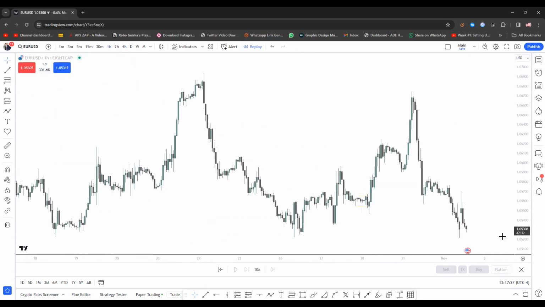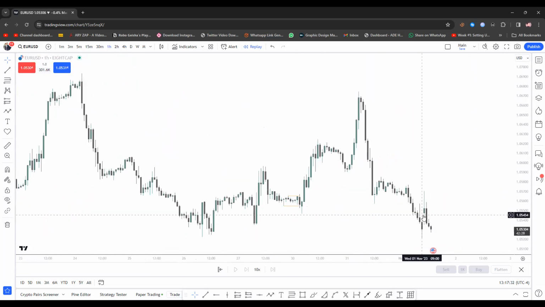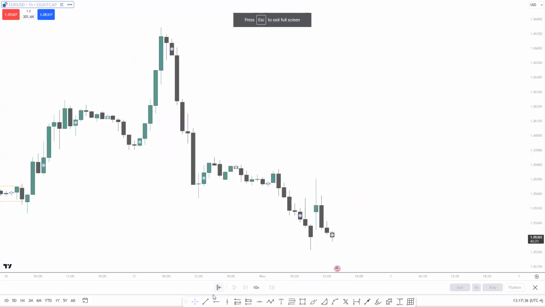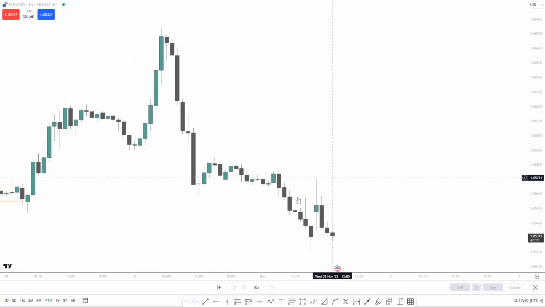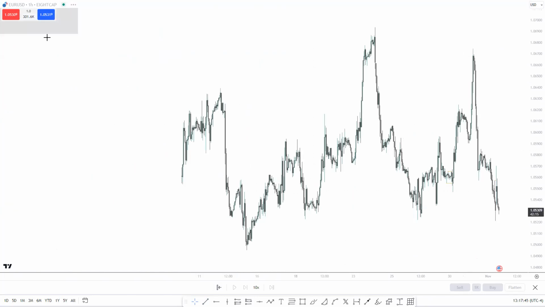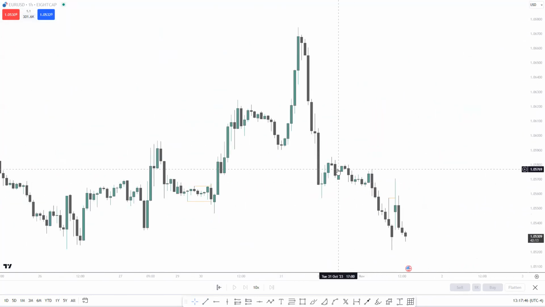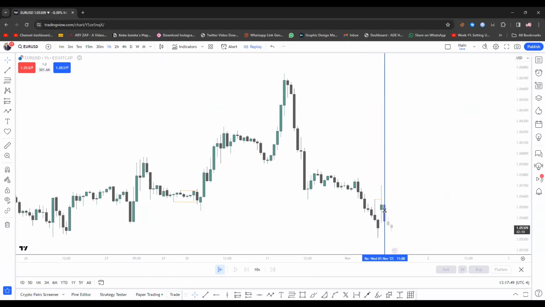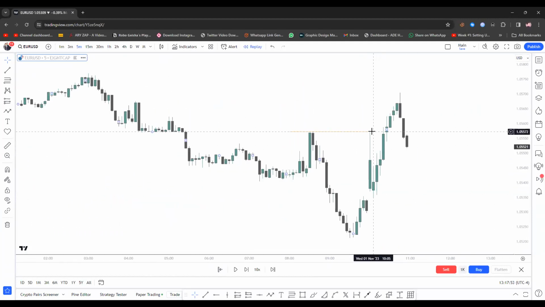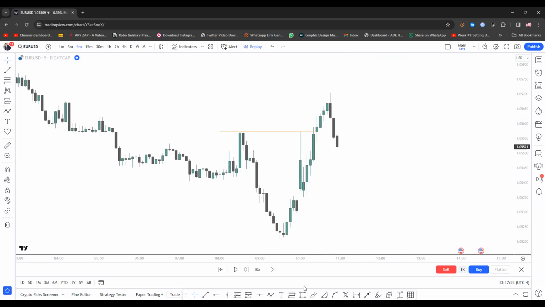If you are an M5 trader, then you should wait for a raid on a high on the H1 chart. So we have an example right here. This is an H1 high and it is raided, right? And you expect bearish prices because of all this price action and the previous higher time frame order flow. So what you can do is go into the M5 chart. So this is that raid on the short-term high.